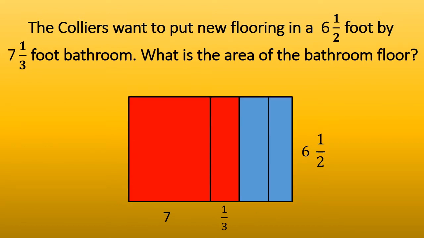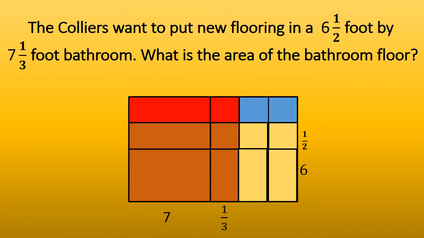So you can see here we have the 7 as a whole number, and this 1/3 red section right here is representing a 1/3. Now for our horizontal model, we're going to represent 6 1/2. And you can see that we're going to take the first whole section of it to represent our whole number, and then we're splitting the second section into halves so that we can represent our half of 6.5 feet.